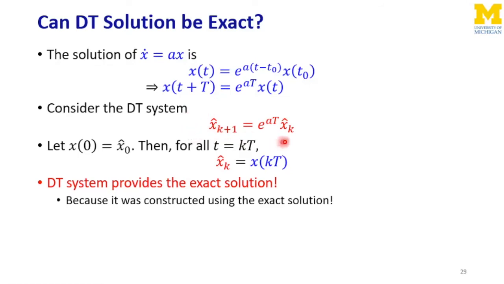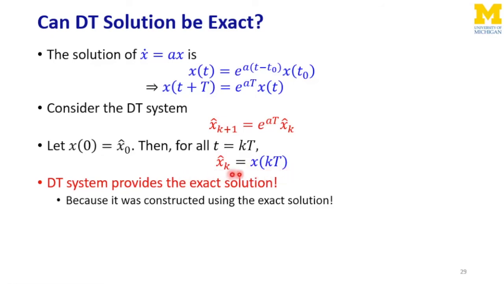Now let's suppose that x hat at 0 was exactly equal to x of 0. So the initial condition of the discrete time system, x hat 0, and the initial condition of the continuous time system, x of 0, let's just assume that they were equal. Then for all times which are equal to kT, the discrete time state is going to reproduce the continuous time state exactly.